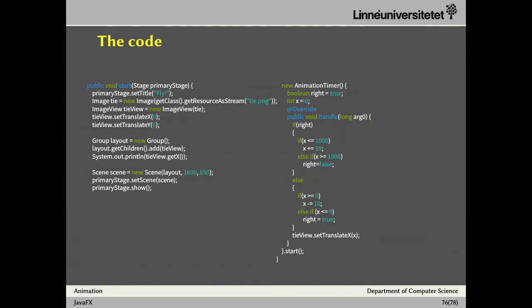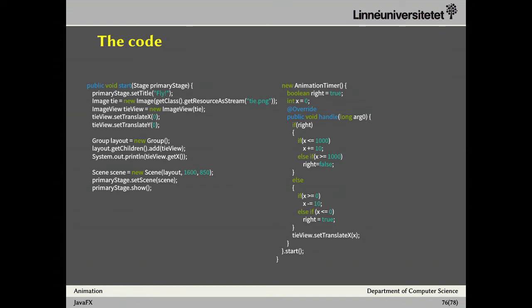And then in handle, we check if we're going to the right or if we're going to the left. If we're going to the right and we haven't reached the end of the screen, we will continue on that side, and otherwise we will go to the left.